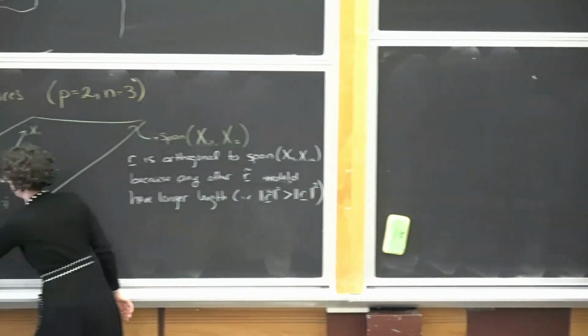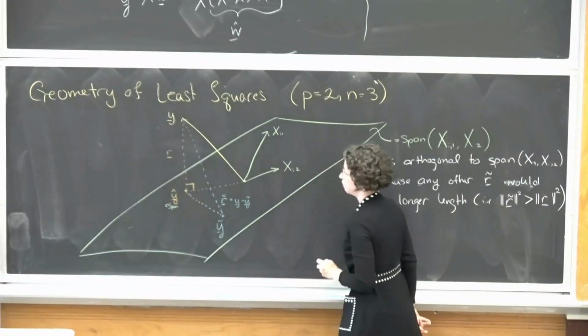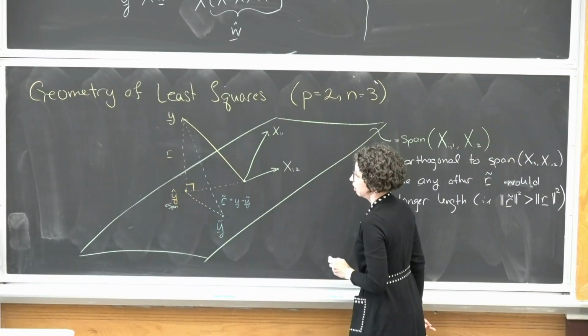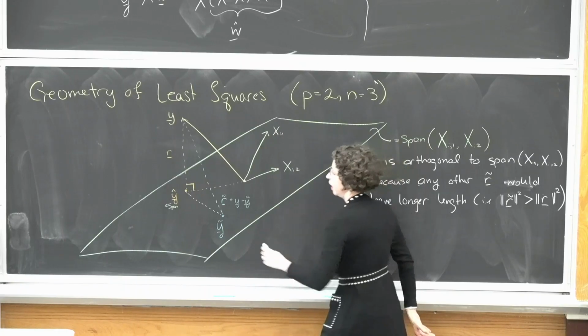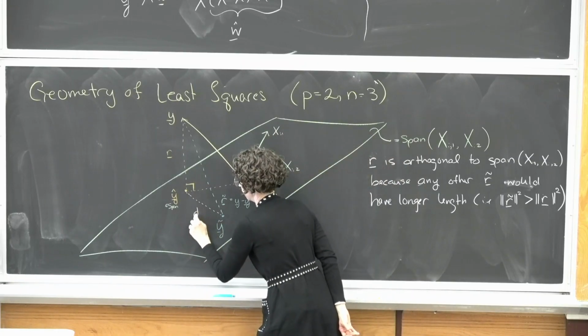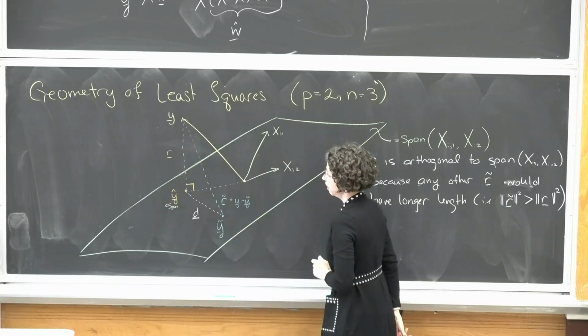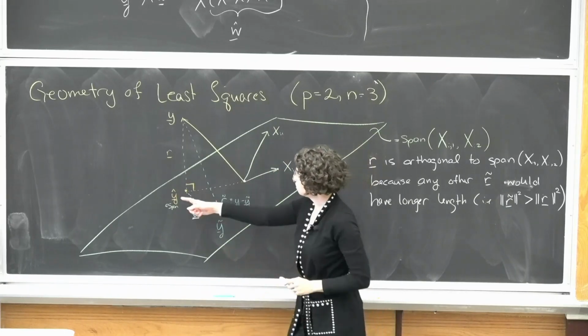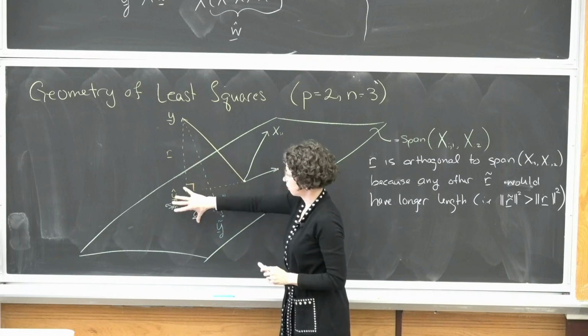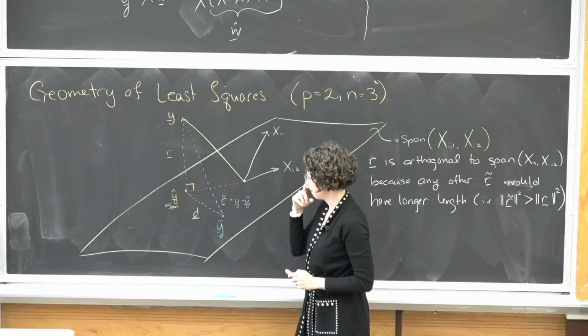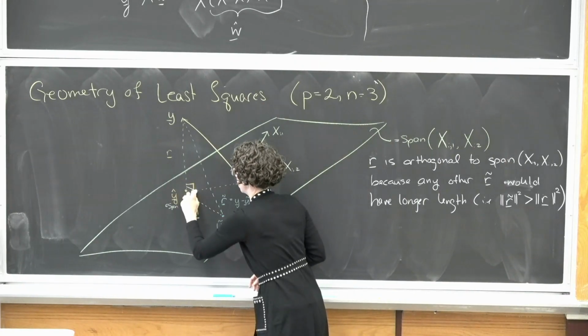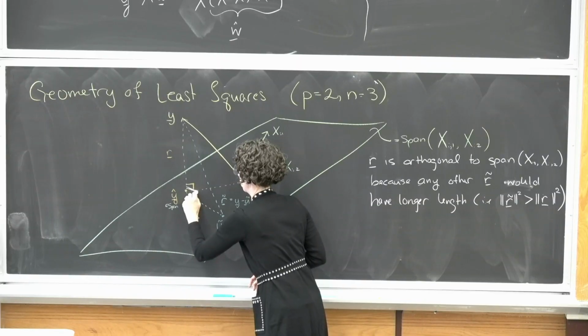So in particular, I'm going to think about the vector corresponding to the difference between y hat and y tilde. And I'm going to call this vector D. And I want to note that since we said that this vector r is perpendicular to this span, then this here is also a right angle.